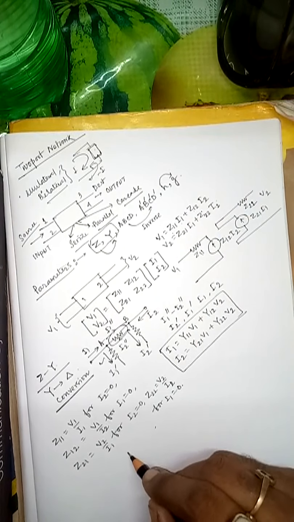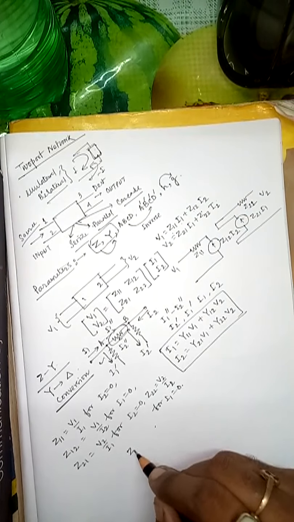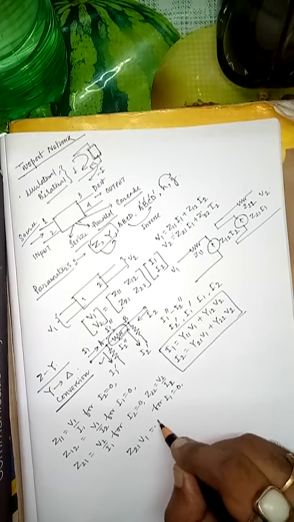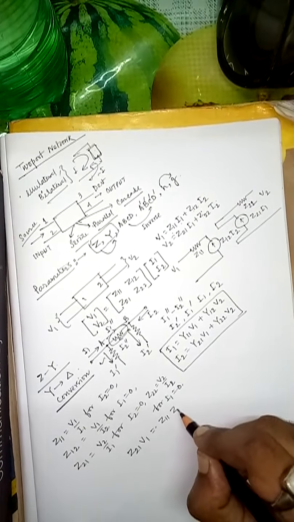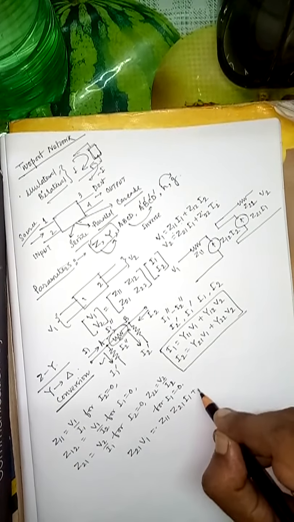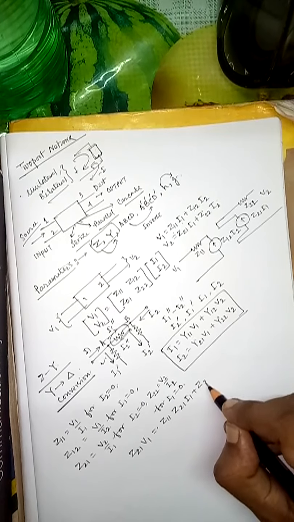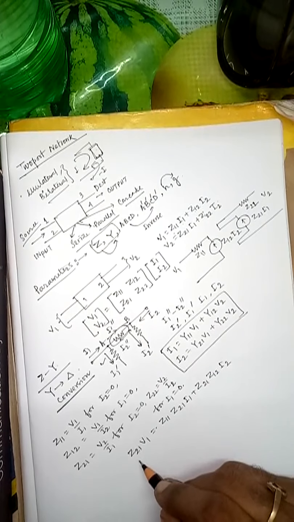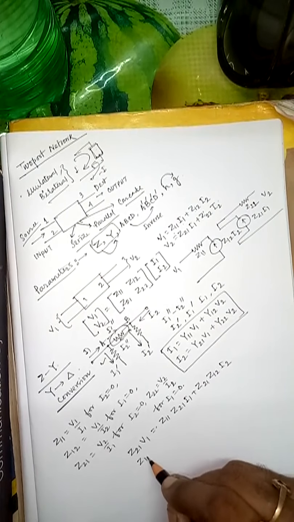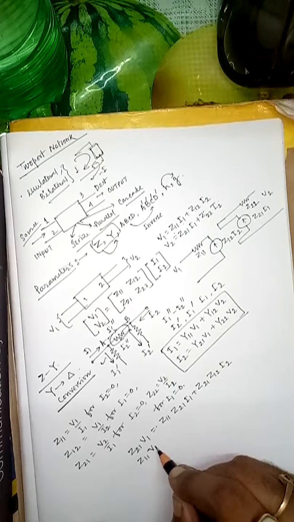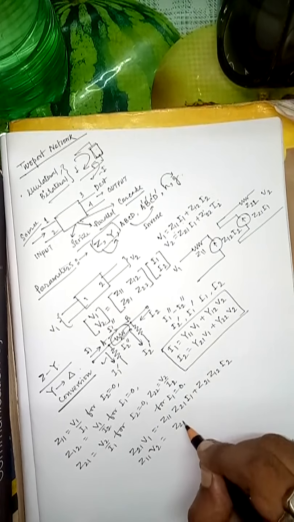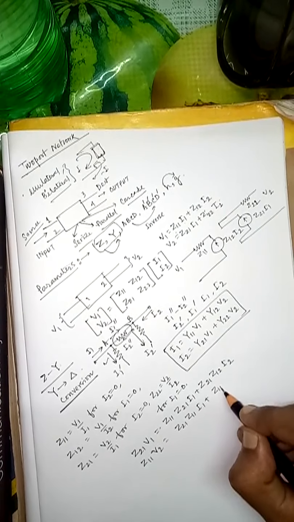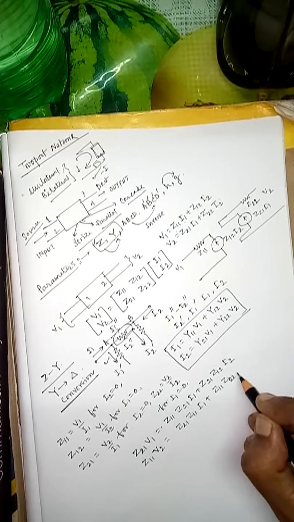Say V1, if you are multiplying by Z21, that is Z21 V1 equals Z11 Z21 I1 plus Z21 Z12 I2, and that is Z11 V2 equals Z21 Z11 I1 plus Z11 Z22 I2.